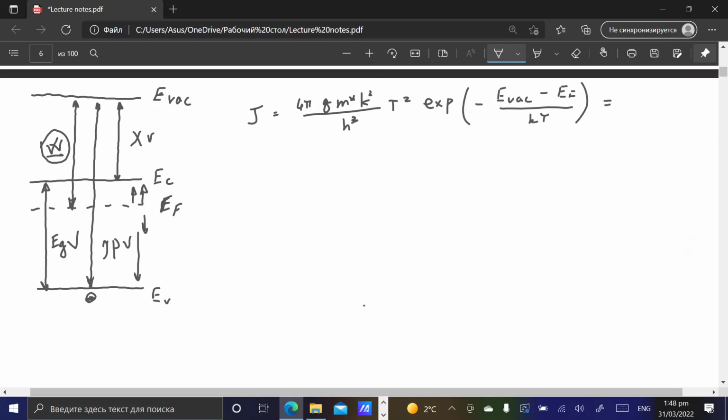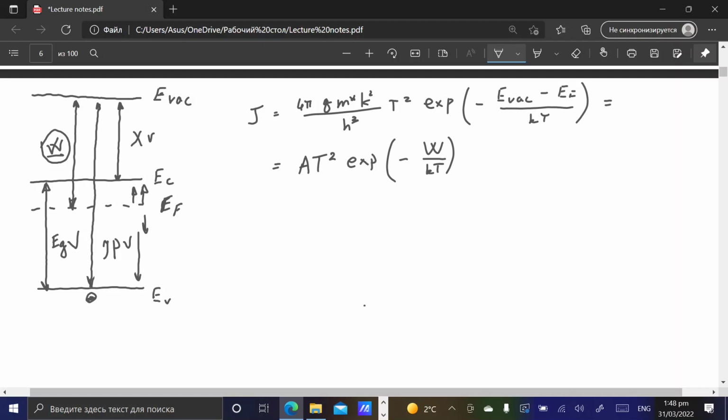That can be represented in a more compact form, which probably you remember from a general physics course. It's A, the Richardson constant, times T squared times exponent, and we already know that the energy gap between the vacuum level and the Fermi energy is the work function. So we can put here minus W divided by kT.